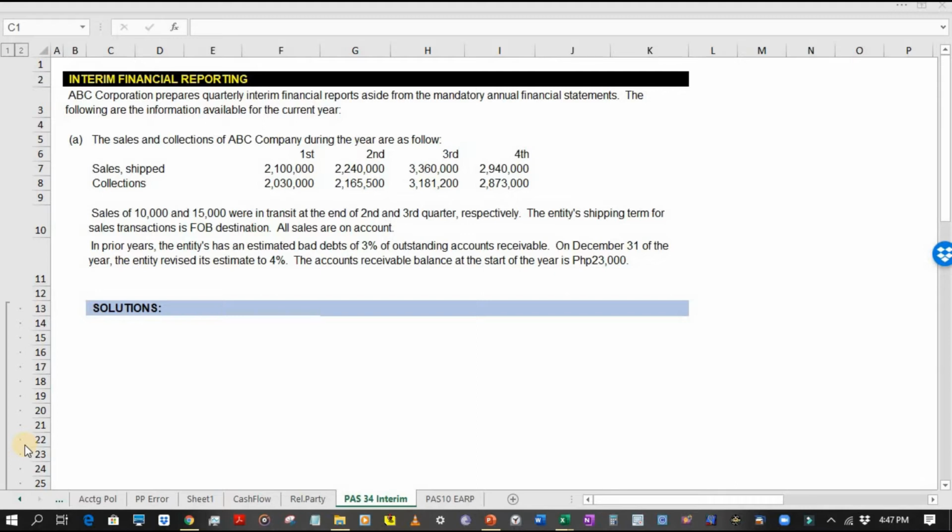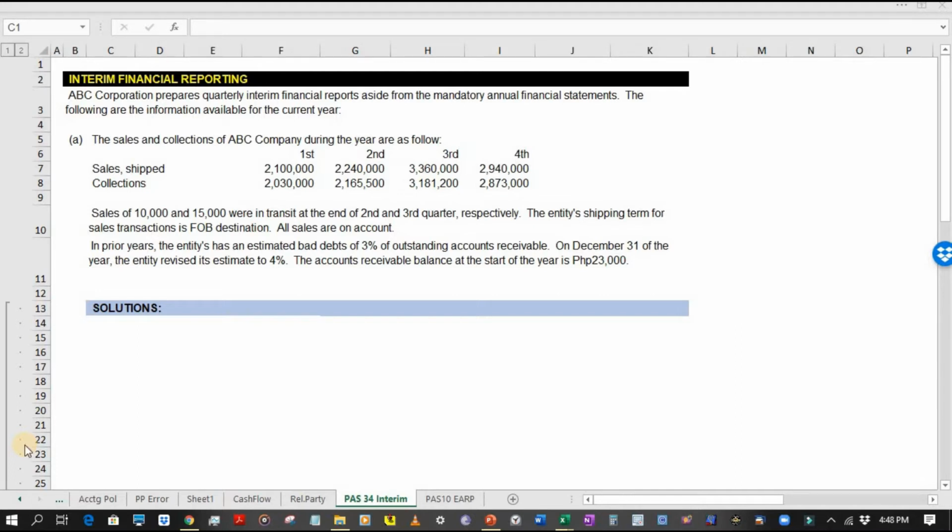Sales shipped. When we say sales that are shipped during each quarter, of course, these are the goods shipped during the first, second, third, and fourth quarter. Let us skip the collections and proceed to the next information in letter A. Sales of 10,000 and 15,000 were in transit at the end of second and third quarter respectively.